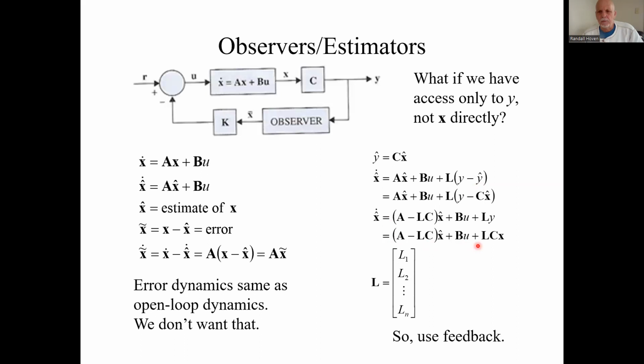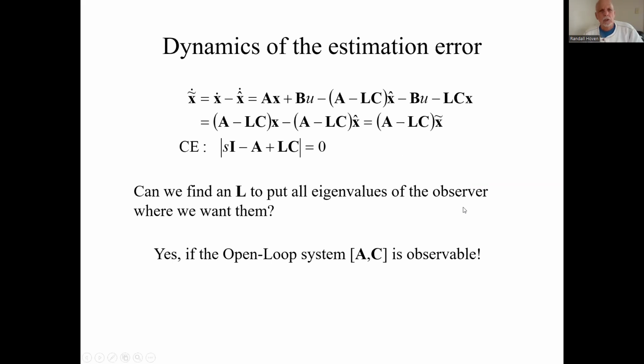The L is a vector of constants, kind of like the K was for the state feedback. Inside here is an L. So the dynamics of that pair will look like this, which gives us its own characteristic equation for just the observer.